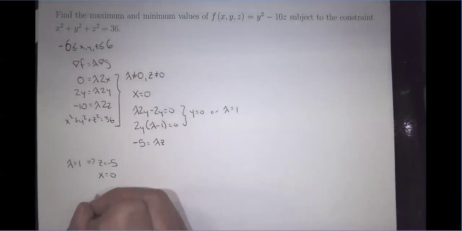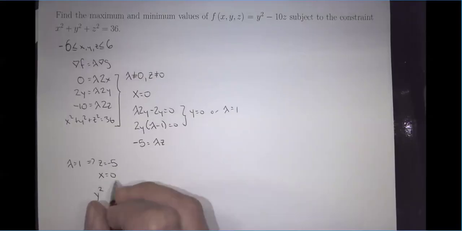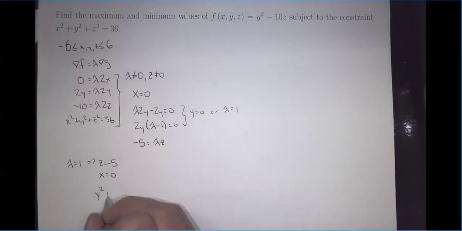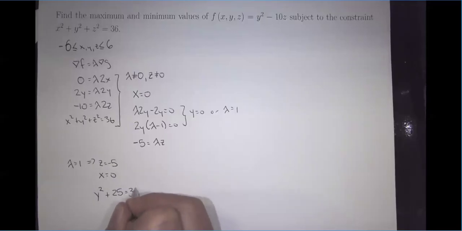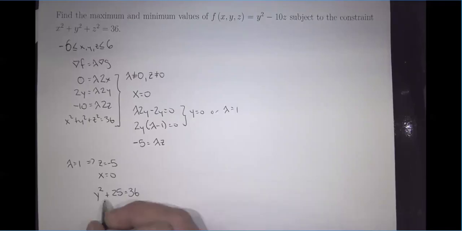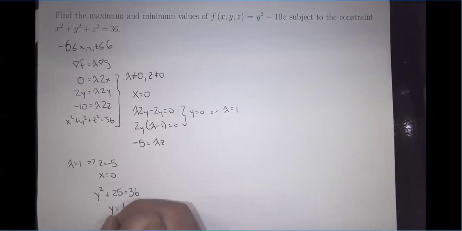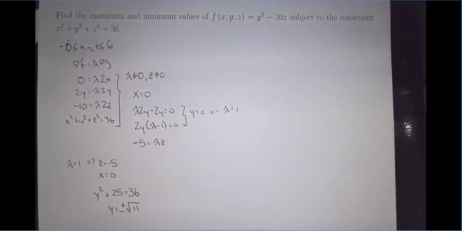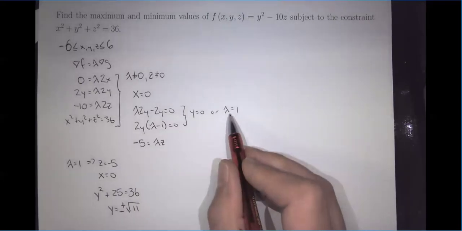So we have y² plus z², which is 25, equals 36. So y² equals 11, or y equals plus or minus root 11. So that's when lambda equals 1.